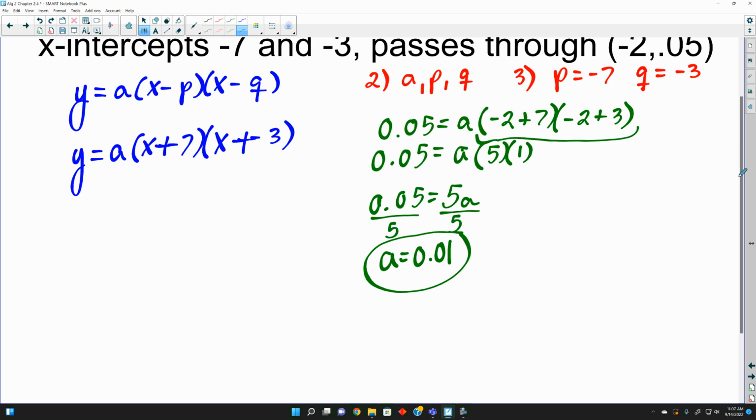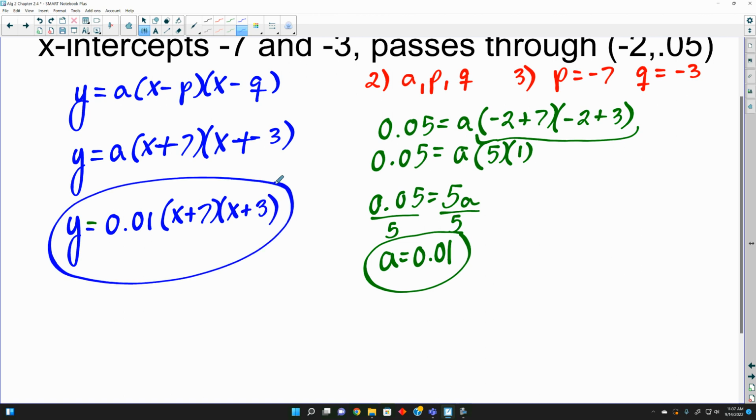Yes, y equals, well, the value of A is 0.01 times. So for the most part, the process is almost the exact same, just the starting equation, or the equation we end up with, looks different. Questions on any of this here?